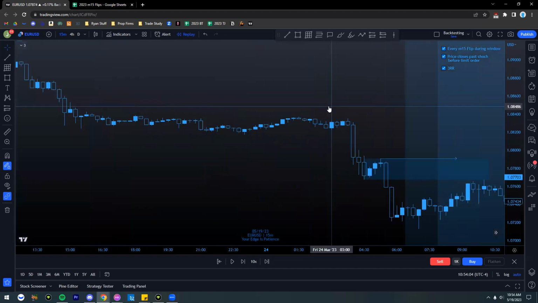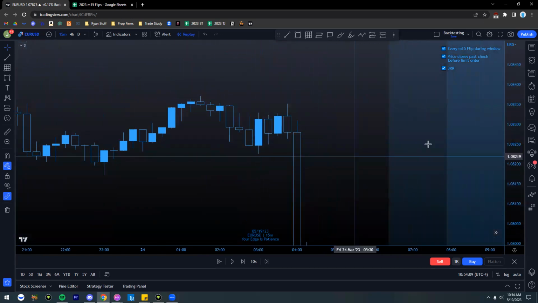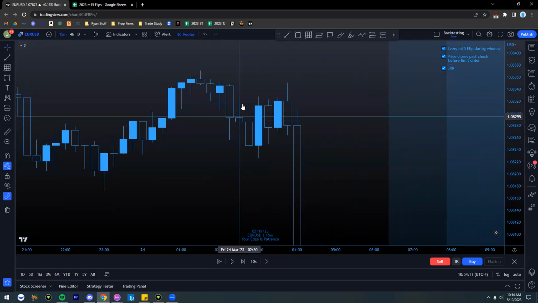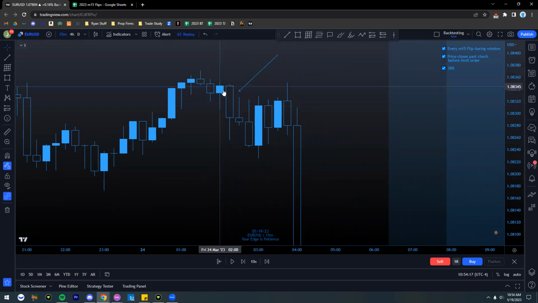An inside bar essentially is just a candle that does not trade higher or lower than the candle before it. So like here, this bar right here is an inside bar to this bigger bar. It never trades higher or lower, so it's completely inside it.